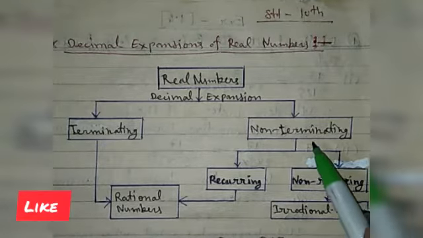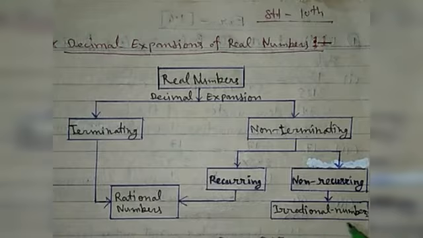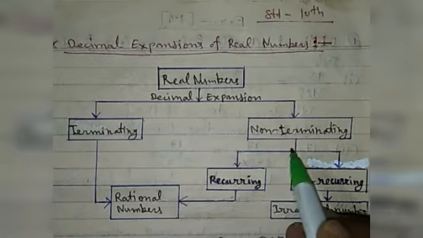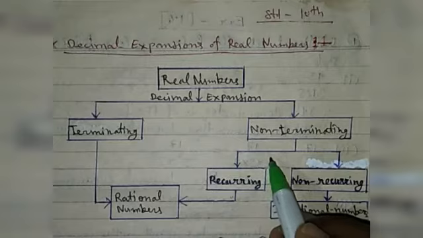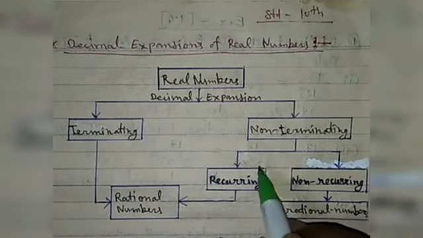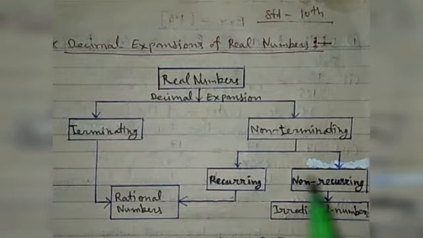If the non-terminating decimal expansion is non-recurring, then those numbers are irrational numbers, as we explained in the earlier lecture. But if the non-terminating decimal expansion is recurring, and you have learned recurring numbers in the 9th standard, they are shown by a bar sign on the recurring group of digits.